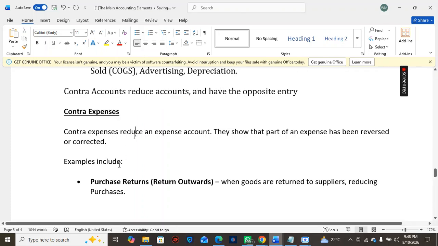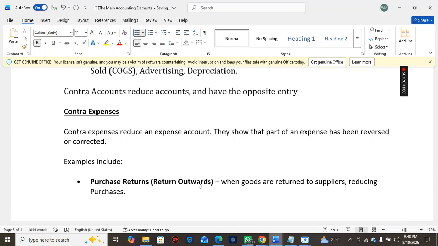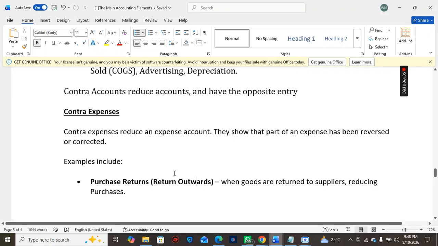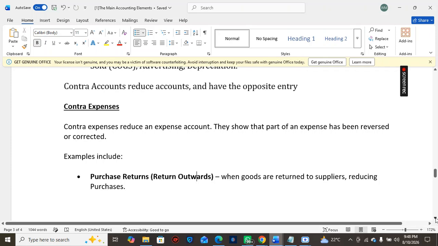So when you hear the word purchase returns or return outwards, when you as a business return goods back to your supplier, that purchasing expense you paid has to drop because you've returned some goods. So what you paid for those goods has to drop. That is return outwards or purchases returns.